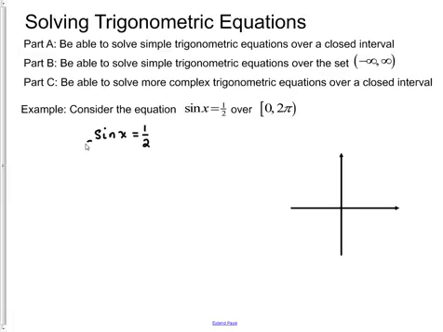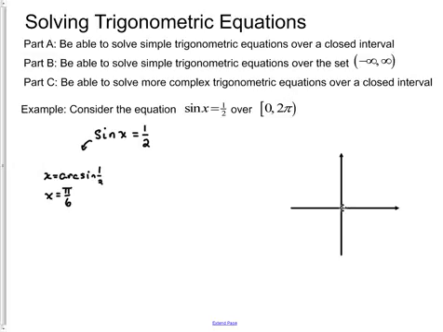Now, one answer is simply to take the inverse sine or the arc sine of 1/2, and we know the answer to this one. The inverse sine or arc sine of 1/2 will give us the angle pi over 6, which is one solution to this equation on the interval from 0 to 2 pi.